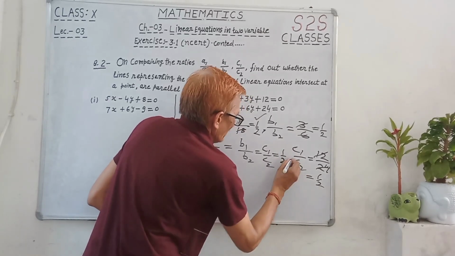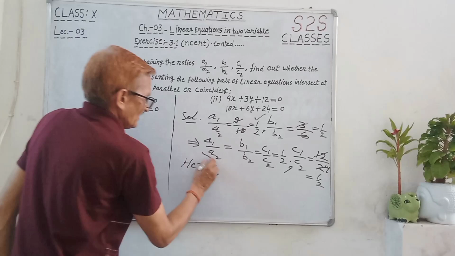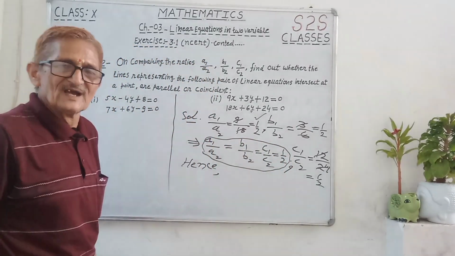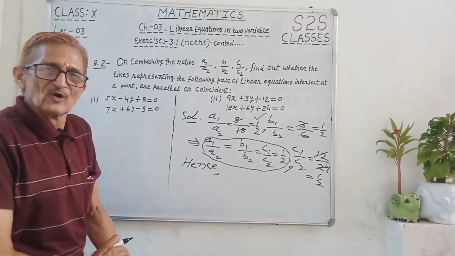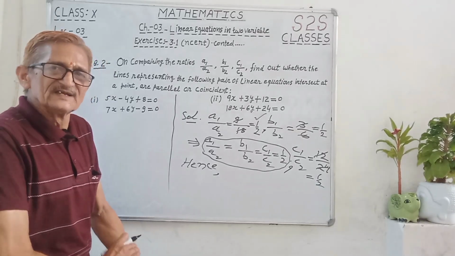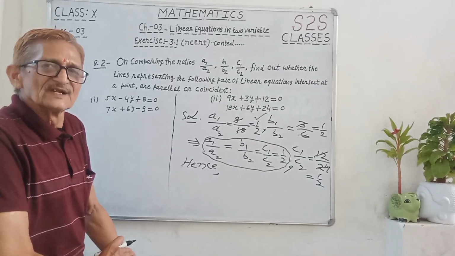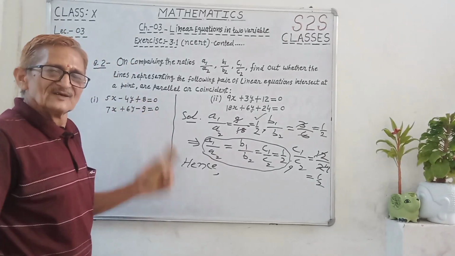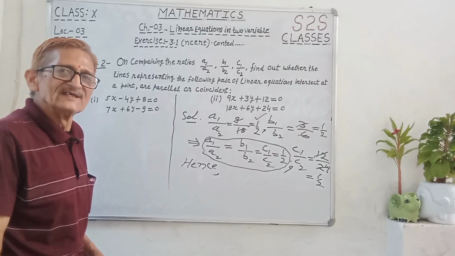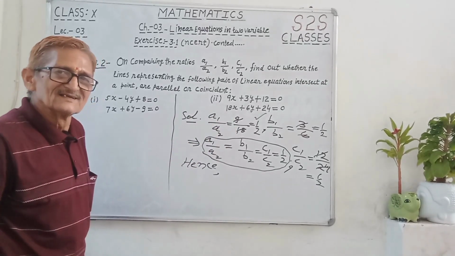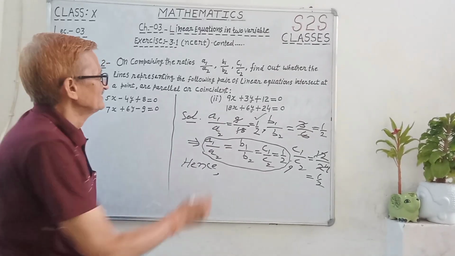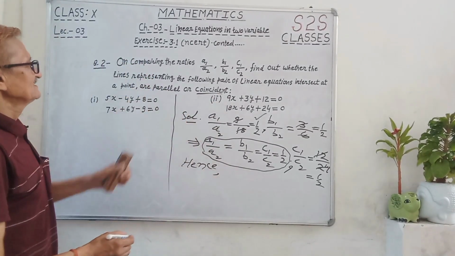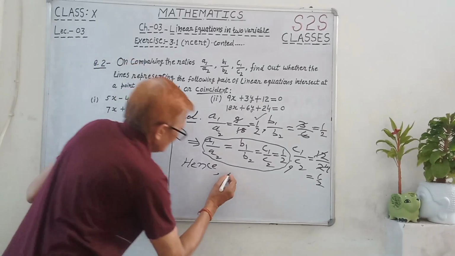All are 1 upon 2. So from this, we know if all three ratios of the coefficients of x, y and the constant terms are equal, then that pair of linear equations represents coincident lines.